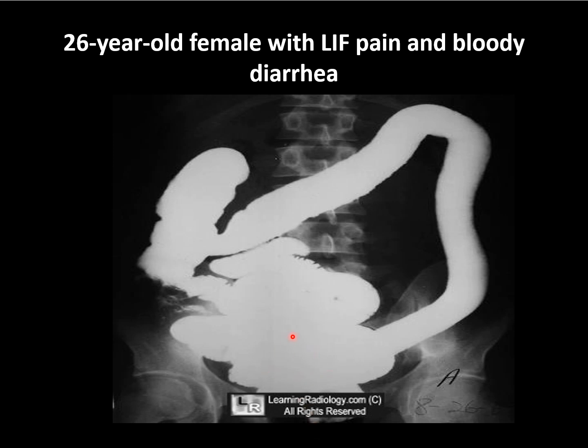It fills up the sigmoid colon, fills up the descending colon, transverse colon, ascending colon, and over here in the ascending colon, you can still see remnants of the indentations caused by the haustra. Some still here, but for the rest of the descending colon and transverse colon and the sigmoid colon, there are no haustra whatsoever that are found. This is what is called the lead pipe appearance.